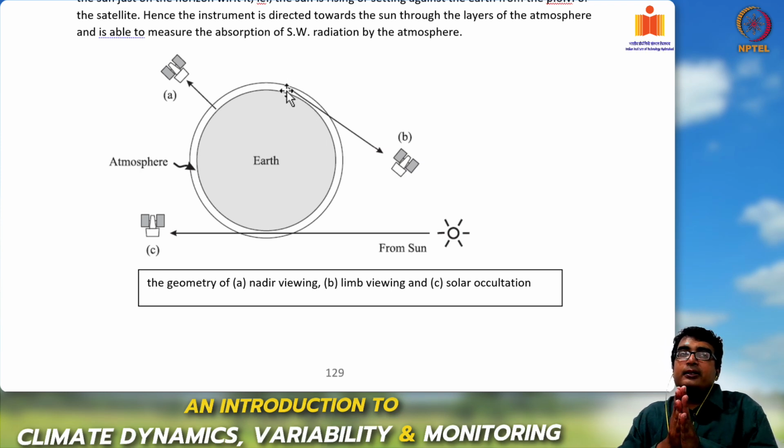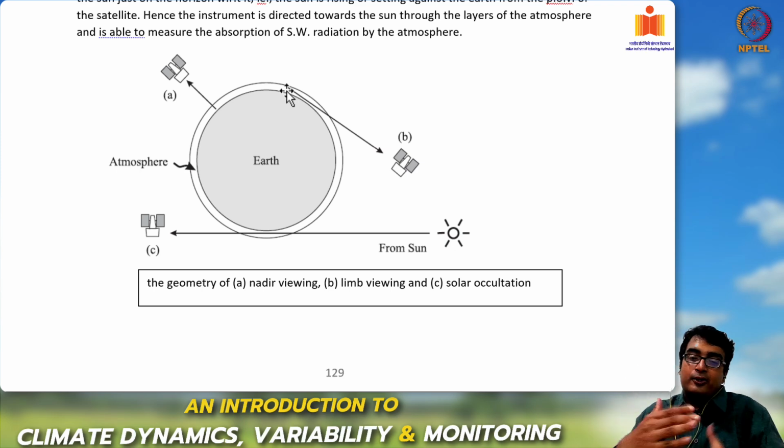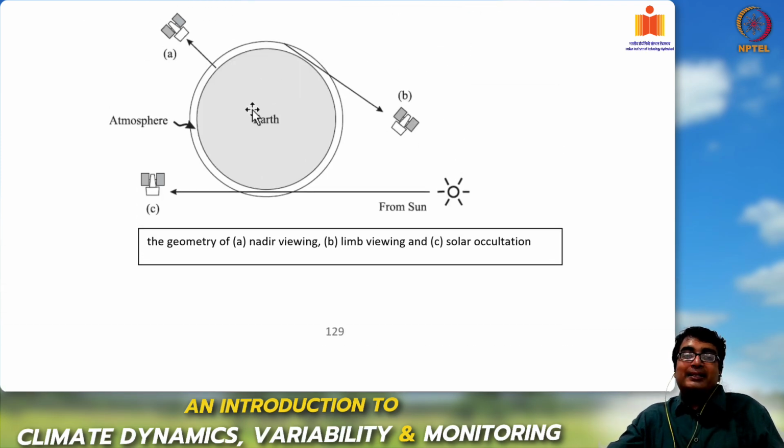So the horizontal resolution degrades, but the vertical resolution improves. So that's the trade-off. All right, but these two together help us to give good quality data for the vertical temperature gradients and vertical species gradients throughout the atmosphere.